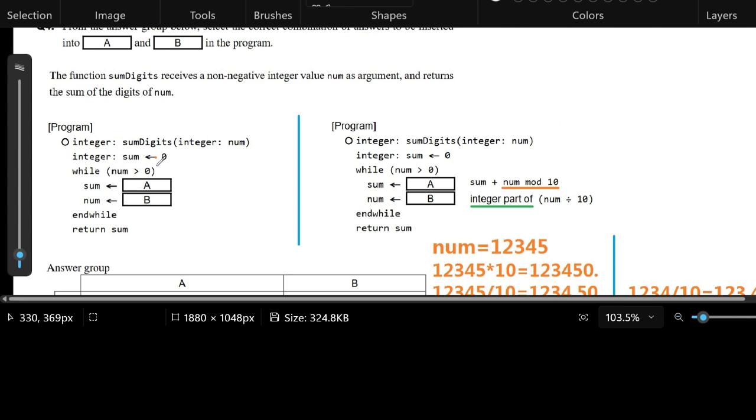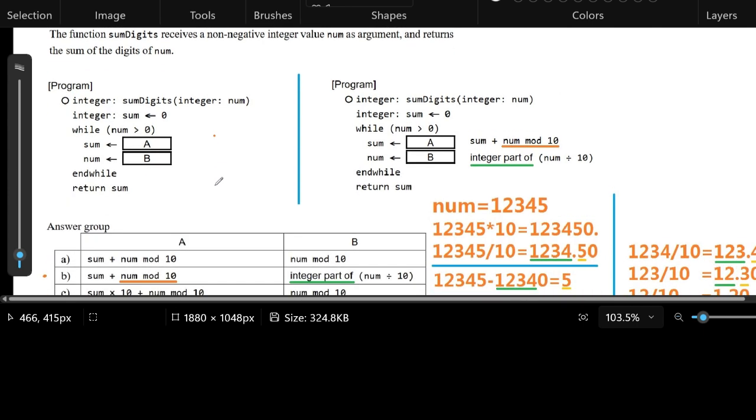And the question, I think, shouldn't be too difficult, except that when I was answering this, I ended up with the incorrect answer. To explain how I arrived at the incorrect answer, we would need to look at the answer group.